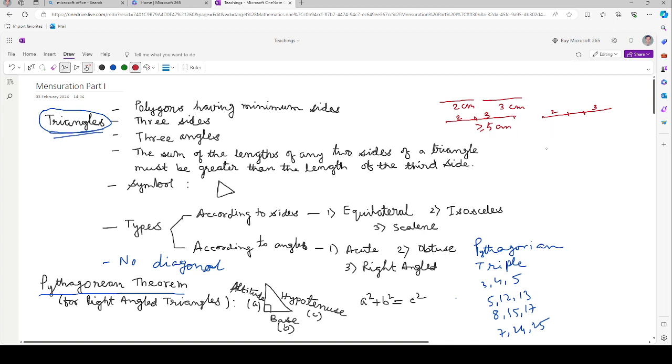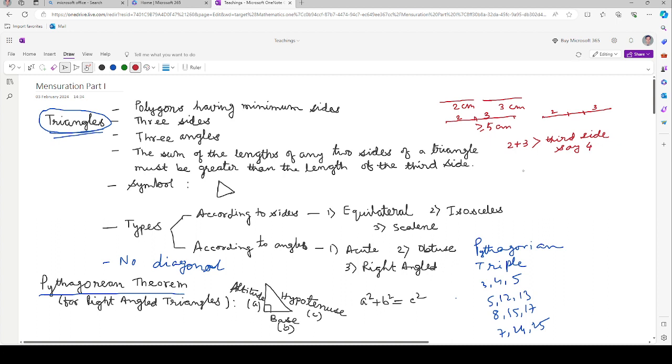So, what is the condition? The sum of the lengths of any two sides of a triangle must be greater than the length of the third side. That is, 2 plus 3 should be greater than the third side. Say 4.